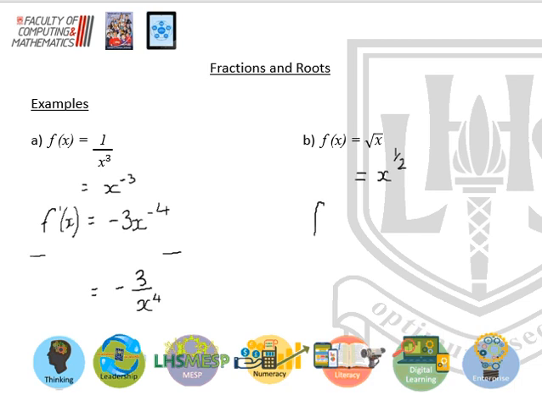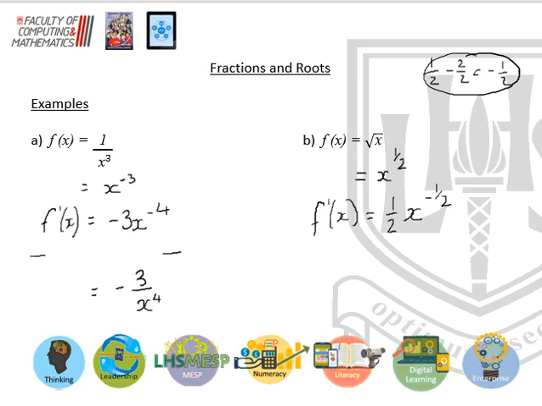Then we're ready to differentiate. So f dash x equals, that half comes down in front, then it's x to the power negative a half. Again, we've just got 1/2 to take away a whole, so we take away 2/2, and that takes me down to negative 1 over 2. This should become second nature very quickly working in differentiation.